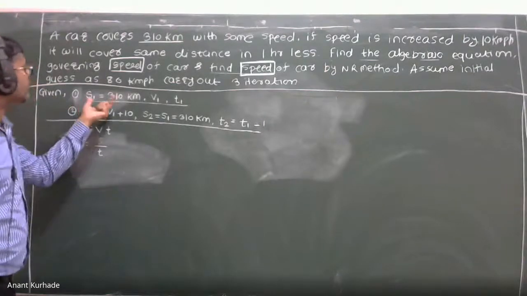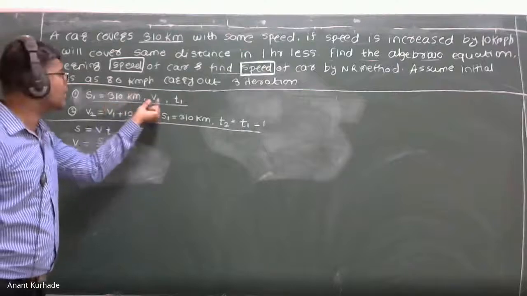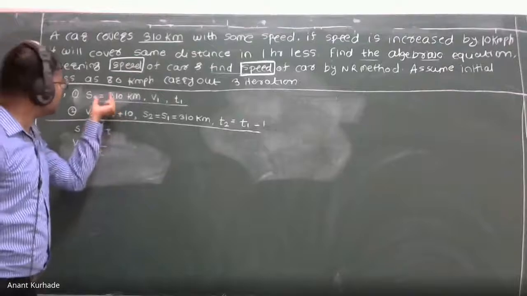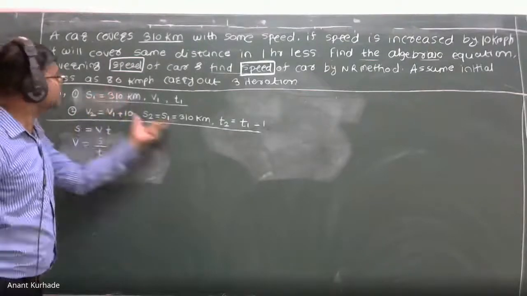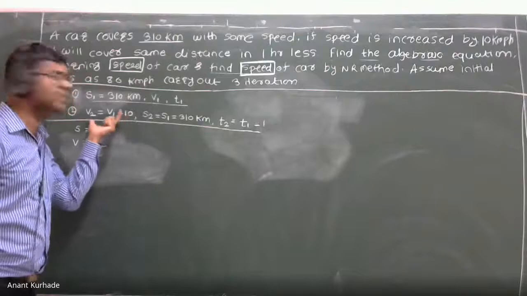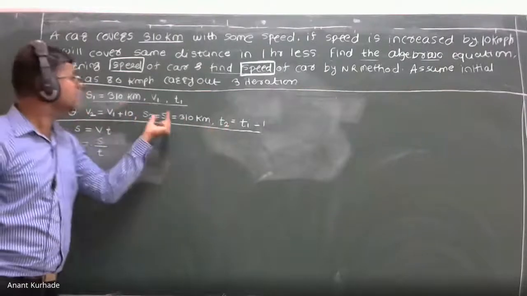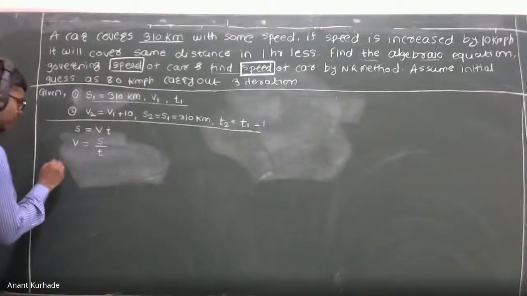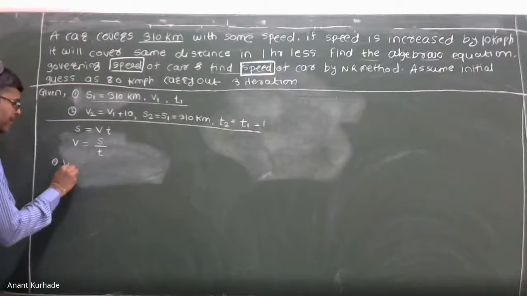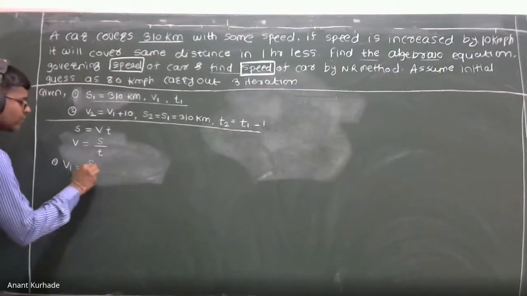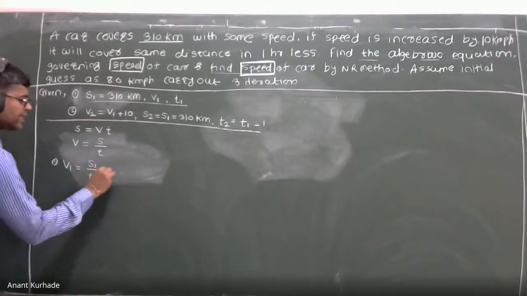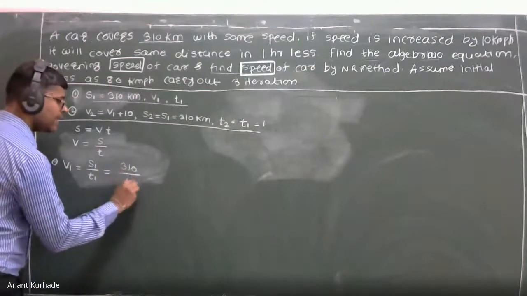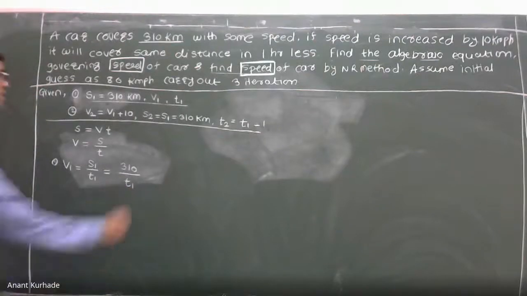When the vehicle covers 310 km, we have velocity V1 and time T1. For the first condition, V1 is equal to S1 upon T1, that is 310 divided by T1. This is the first equation.